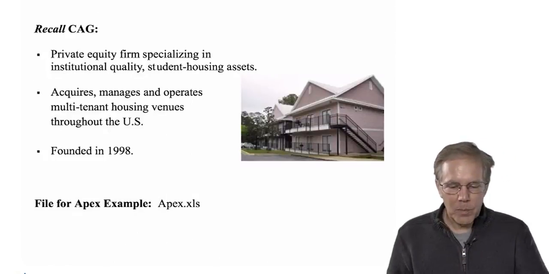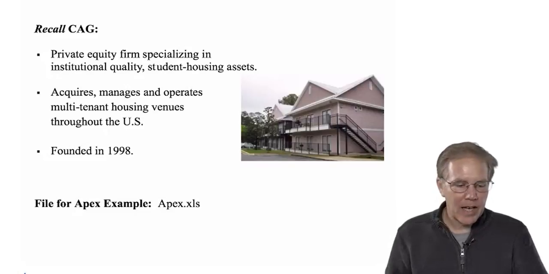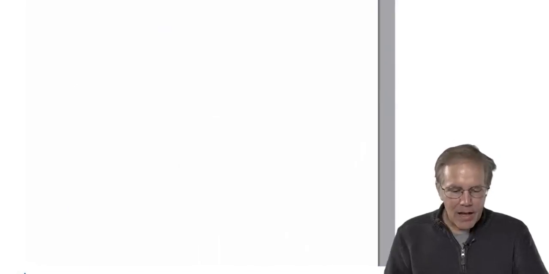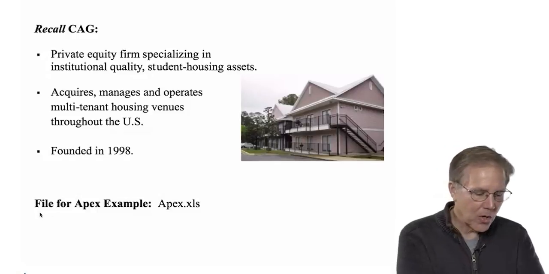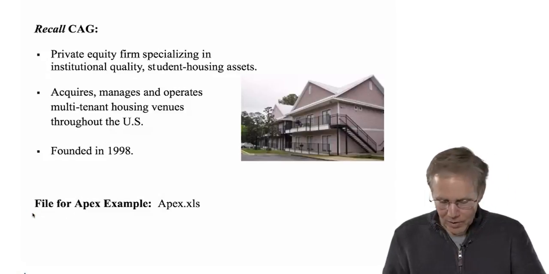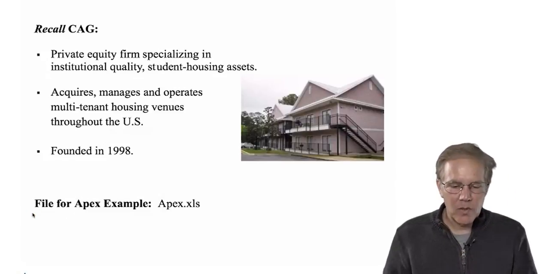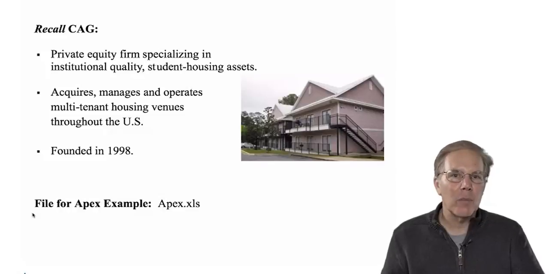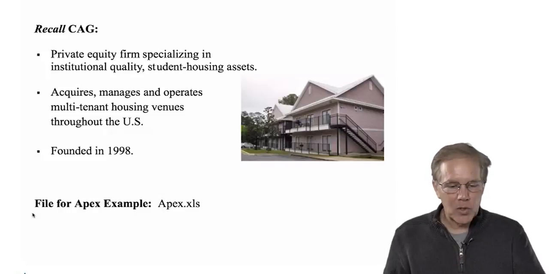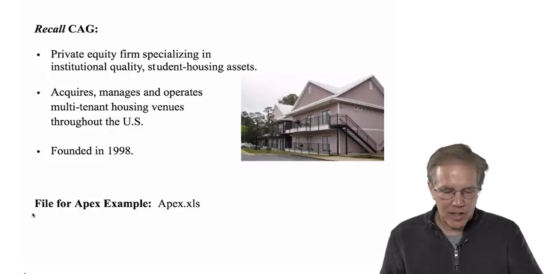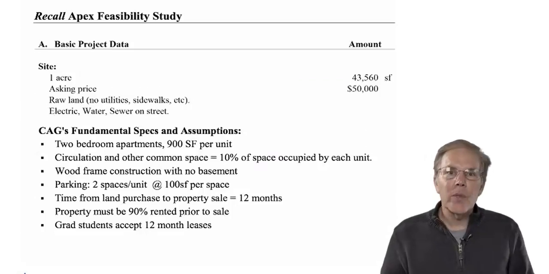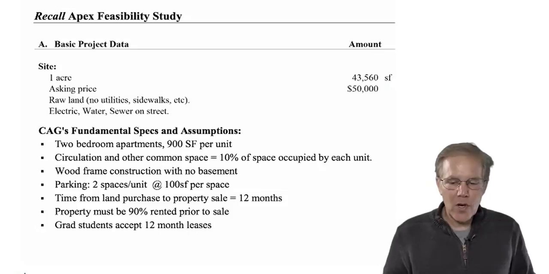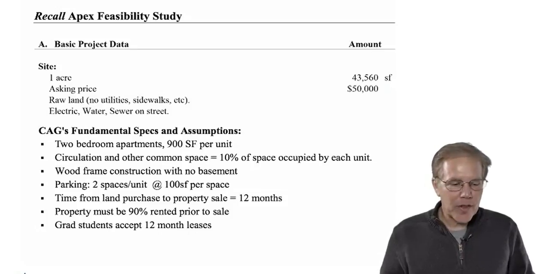This project is being proposed by CAG, and everything that I'm doing in this module is available in the Apex spreadsheet. Okay, so I don't think I'm going to refer to the spreadsheet directly in this module, but if you have any questions about the way that anything is computed, you can refer to that spreadsheet and you'll see exactly how I've computed it.